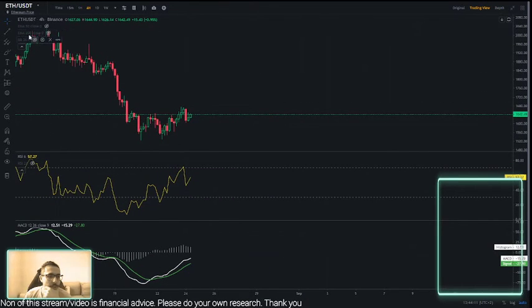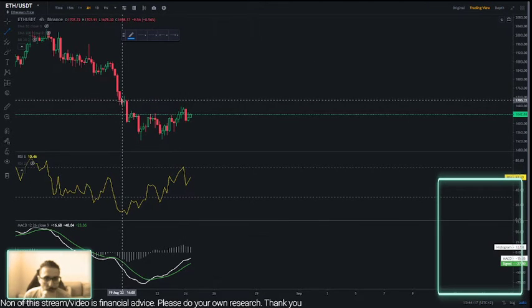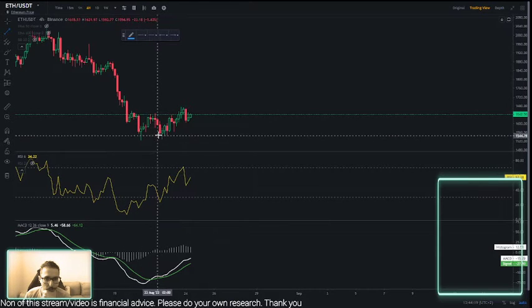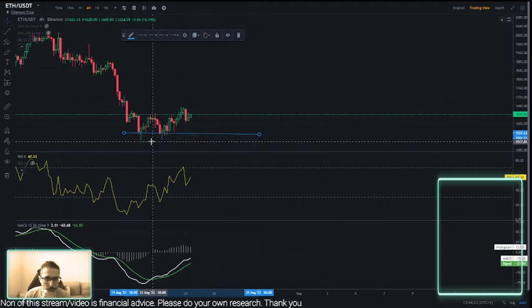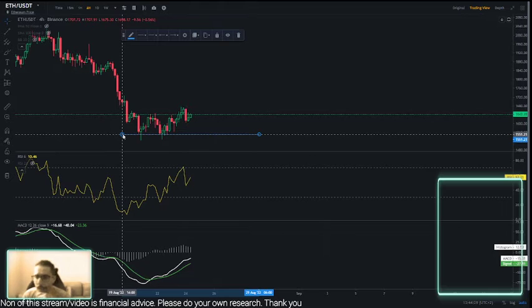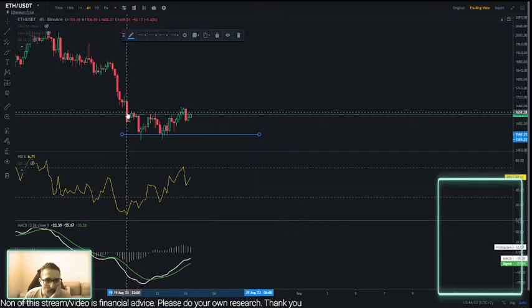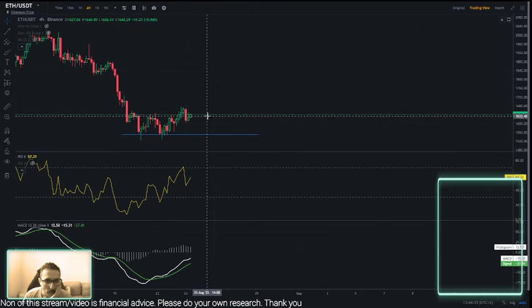With fewer candles, can we build something here? This is a tough one, because this is flat. We can see here we have some support level somehow at around $1,550. Here, what do we got?